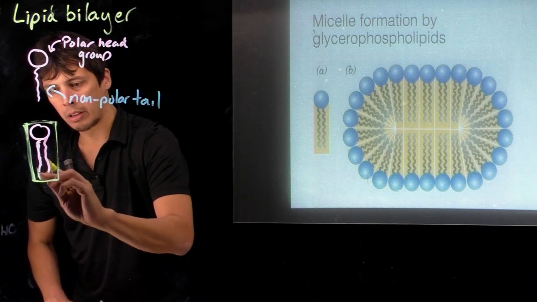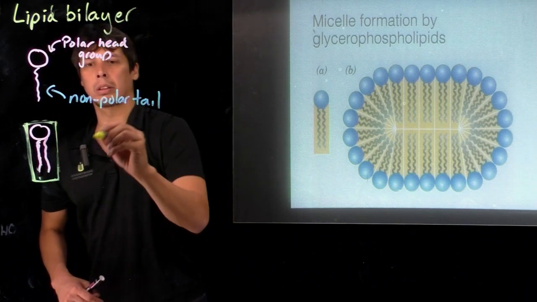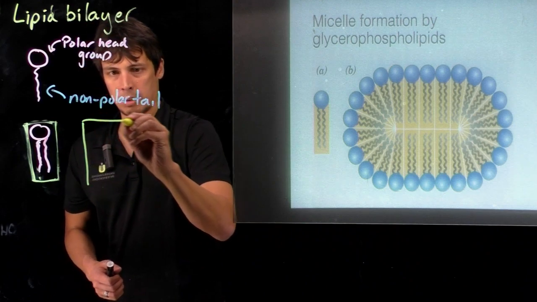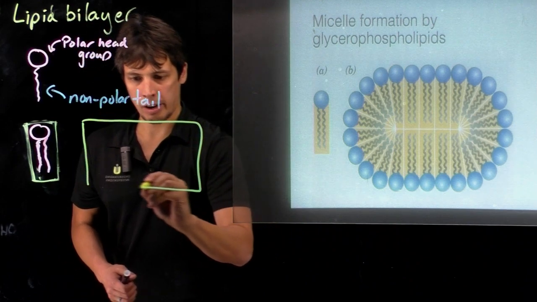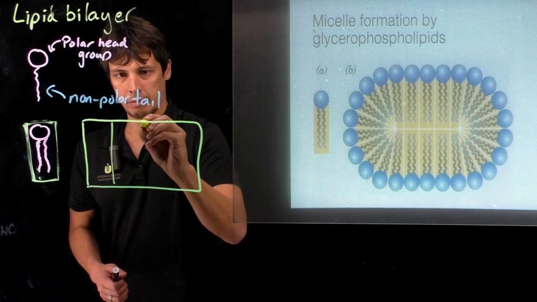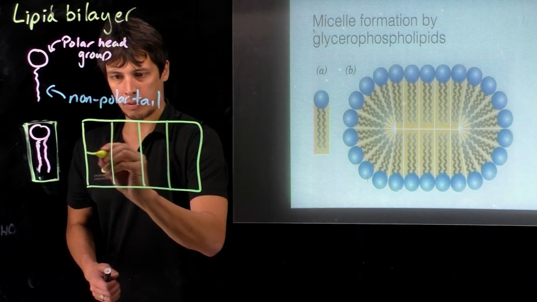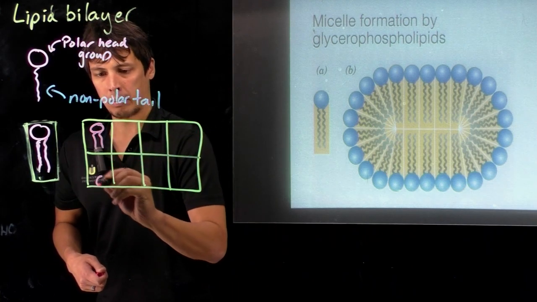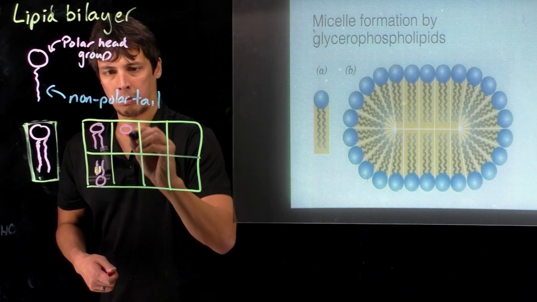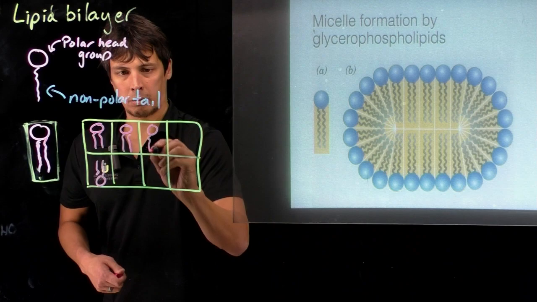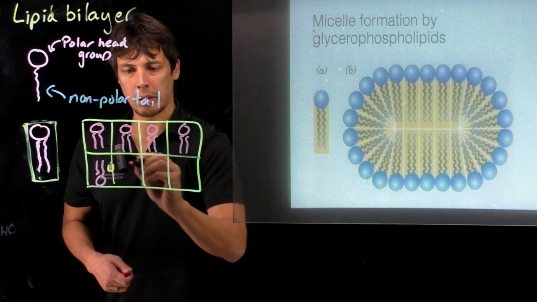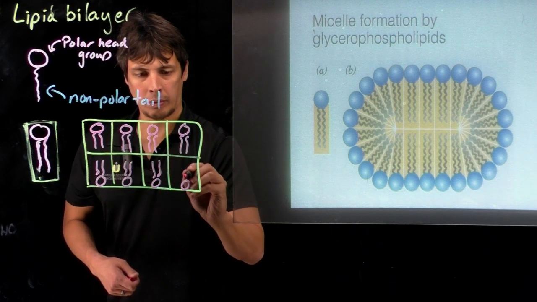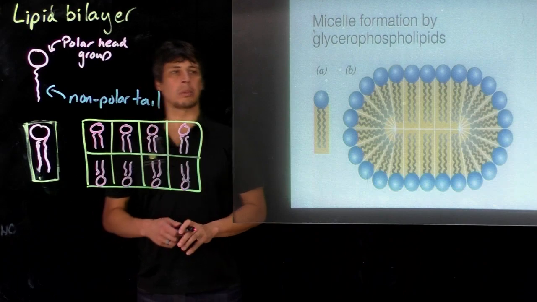And then in our pizza analogy, now we have a sheet pizza. We have our polar head group, and our nonpolar tails that point towards each other and interact with each other.